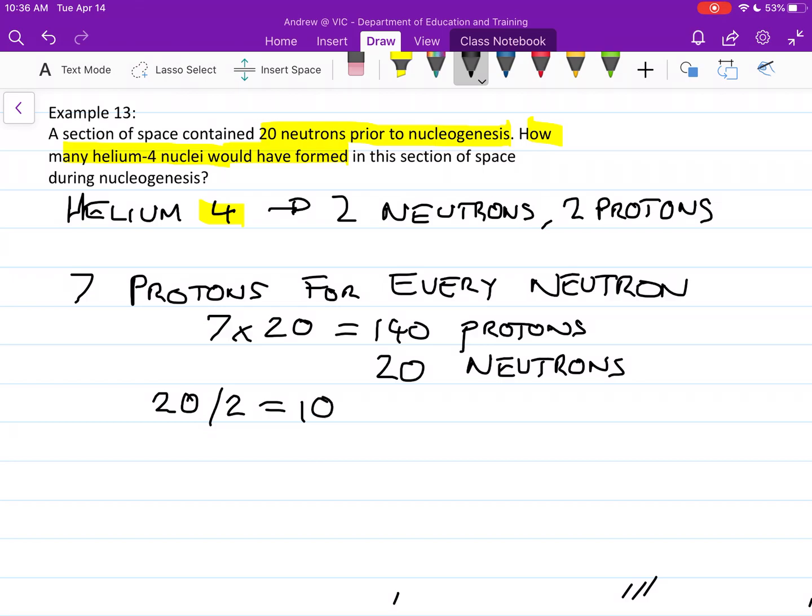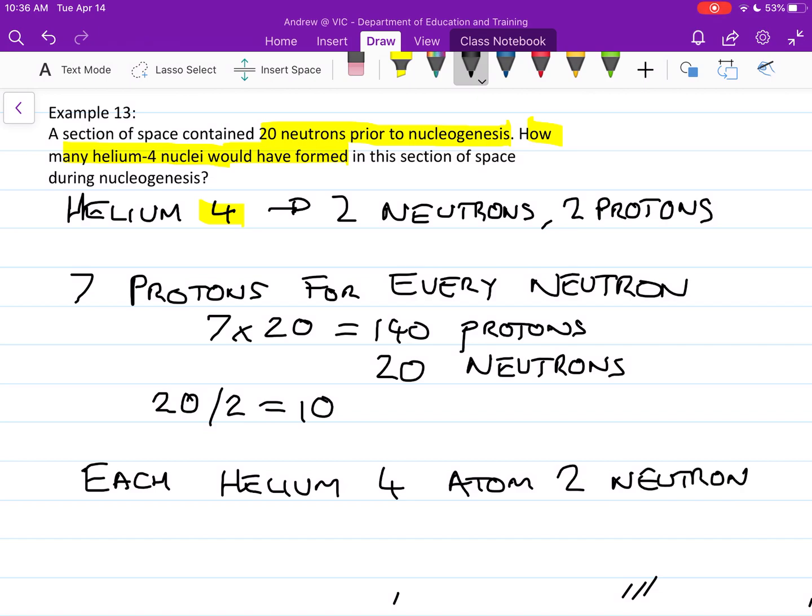So as each helium-4 atom requires 2 neutrons, with 20 available, that means a maximum of 10 helium-4 nuclei would be made.